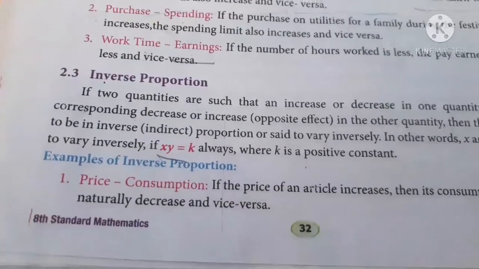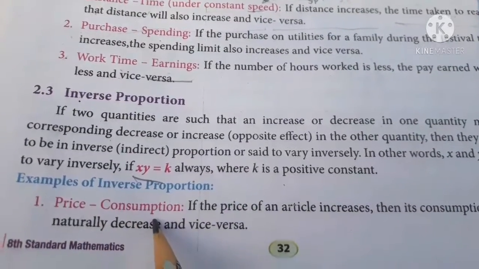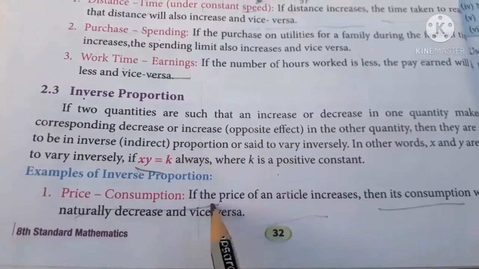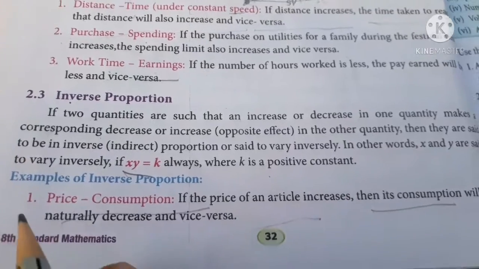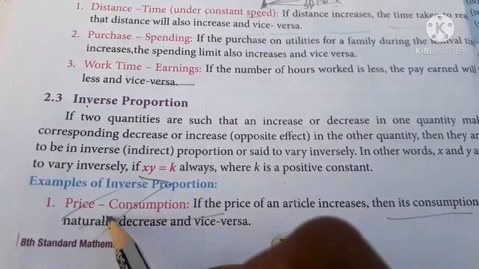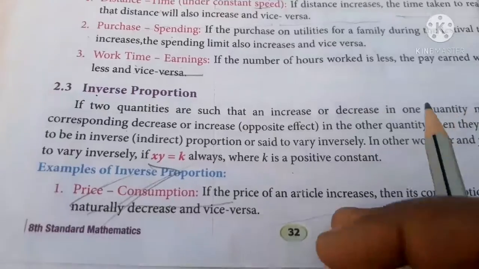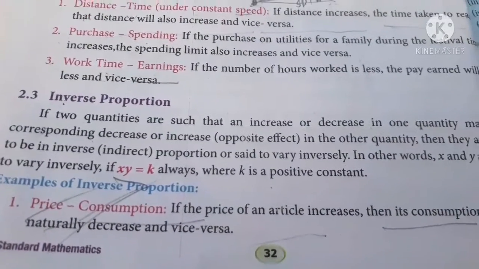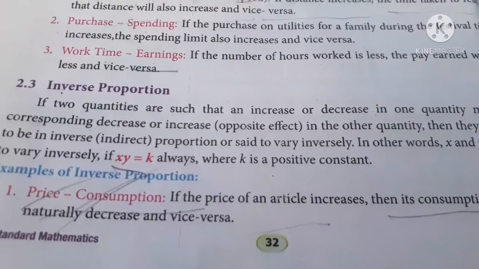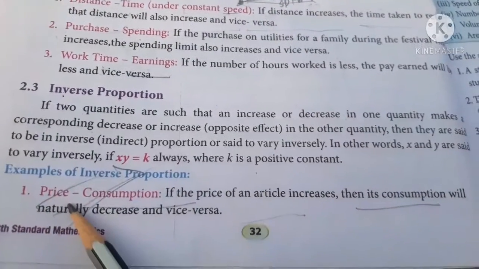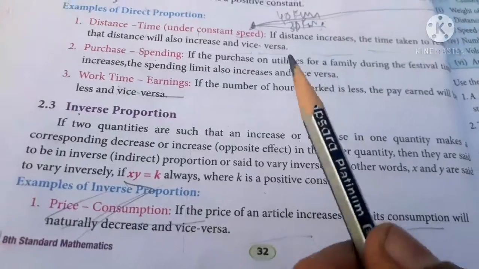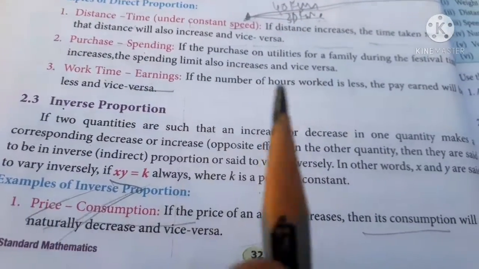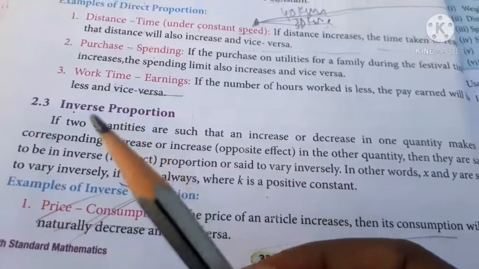For example, price and consumption. If the price of an article increases, its consumption will naturally decrease and vice versa. If this increases, this will decrease. It will be opposite. I told you already, inverse means opposite. Say we buy 1 kg of apples this month and eat one daily.